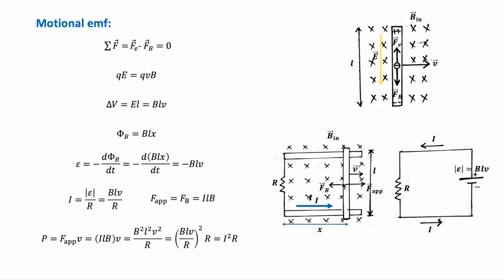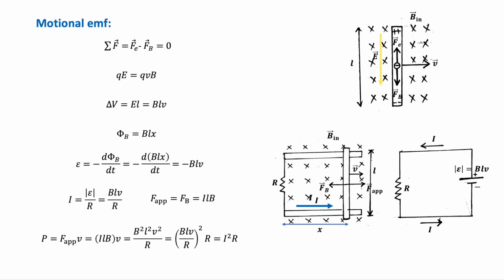Okay, and the magnetic flux through the circuit is Φ_B equal to BLx, where Lx is the area of the circuit. So using Faraday's law, ε is equal to minus dΦ_B over dt, which is equal to minus d over dt of BLx, which is equal to minus BLv.